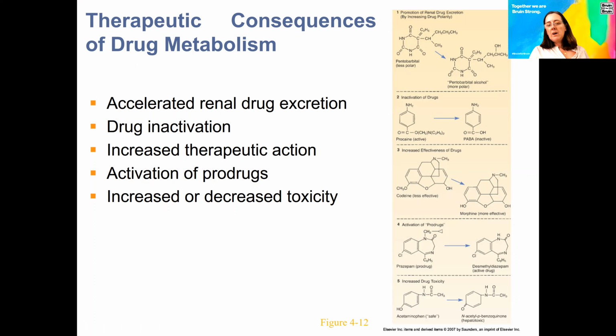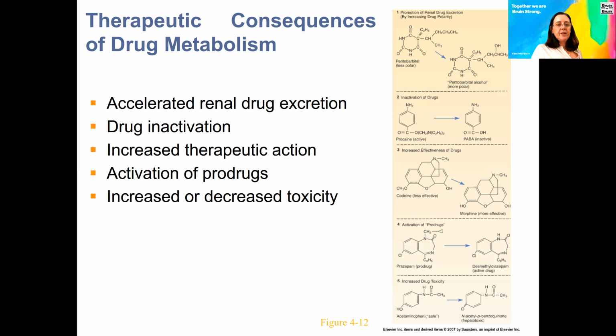Codeine is a weak analgesic compared to morphine. You know that morphine is a very potent analgesic, and so codeine can be metabolized into morphine.